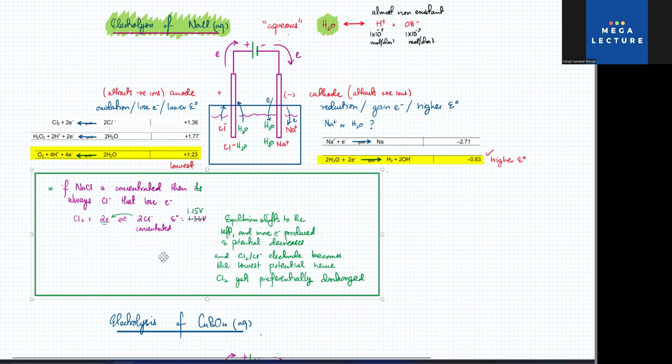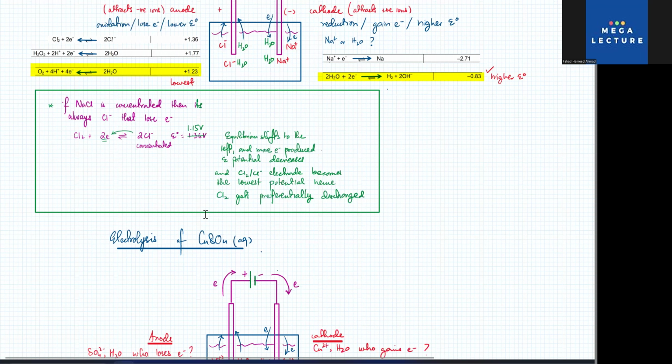Because your 1.36 volt electrode, the Cl electrode, becomes the lowest potential. Because its equilibrium would shift to the backward side because it's more concentrated. And if it shifts backwards, the potential decreases. More electrons get produced, and the voltage on the electrode becomes more negative and decreases. Okay, is this part clear?